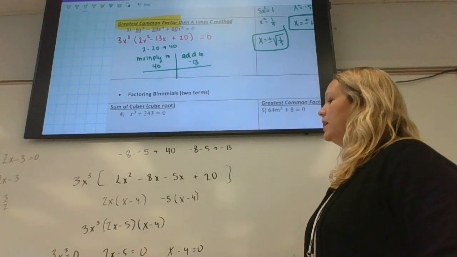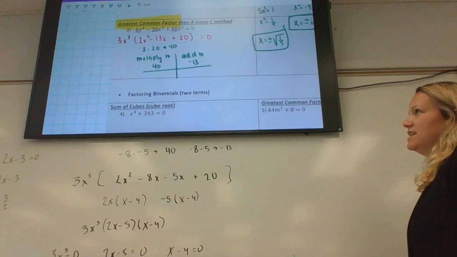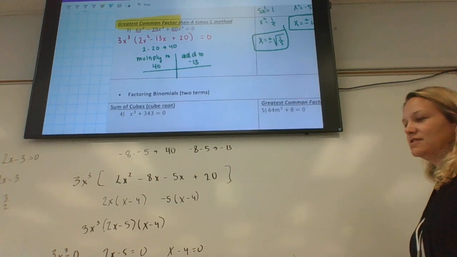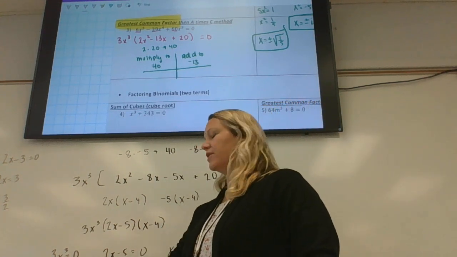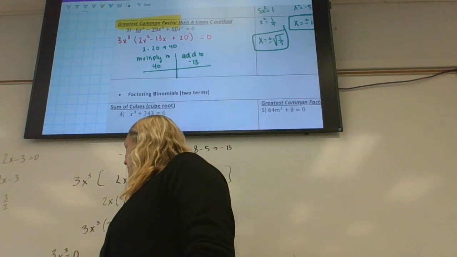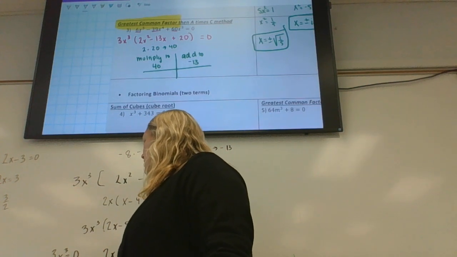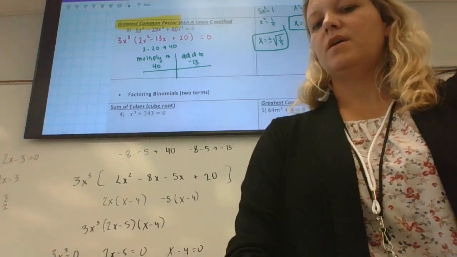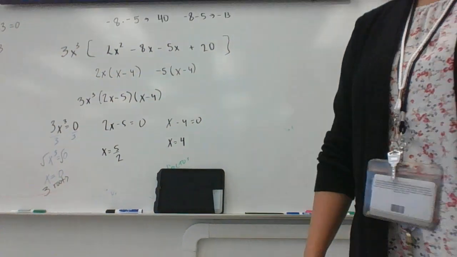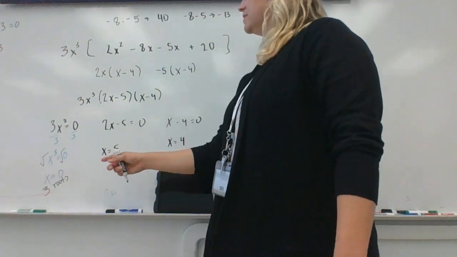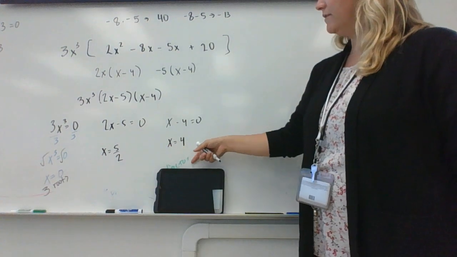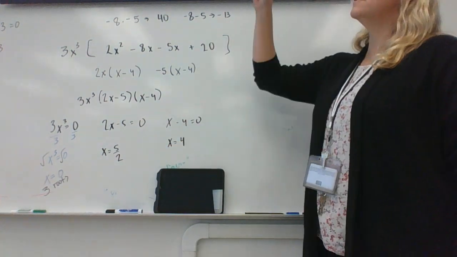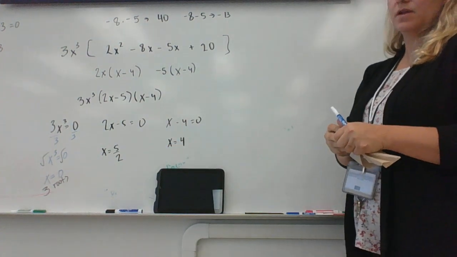All right, so we got 5 answers. Since this was x to the third equals 0, it counts for 3 roots. That's called a multiplicity. That x to the third equaling 0 is 3 roots. This is 1, which makes 4, and then 5. So we found 5 roots for this 5th degree polynomial.